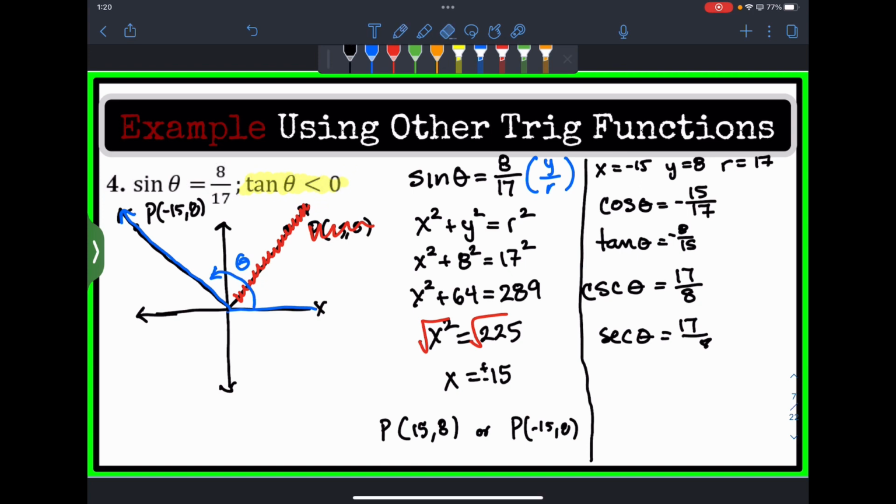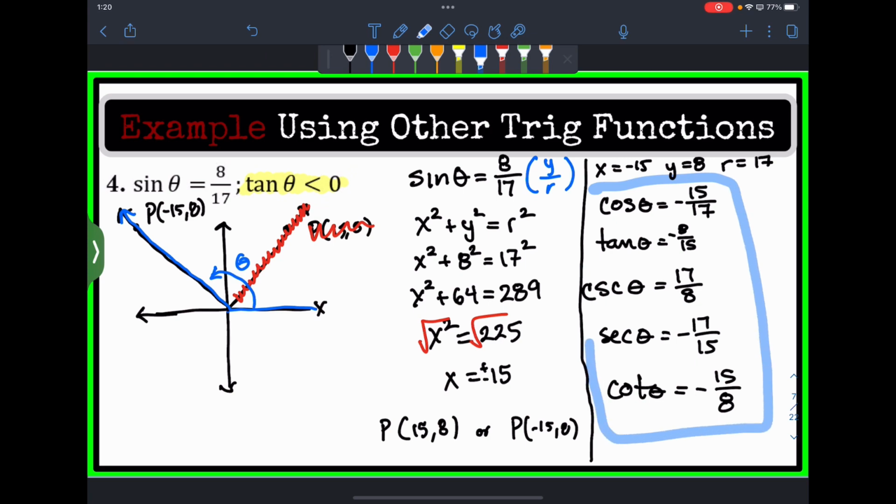Which means that the secant is negative 17 over 15, and the cotangent of theta is negative 15 over 8. So there, those are your remaining 5 trig functions using these two pieces of information.